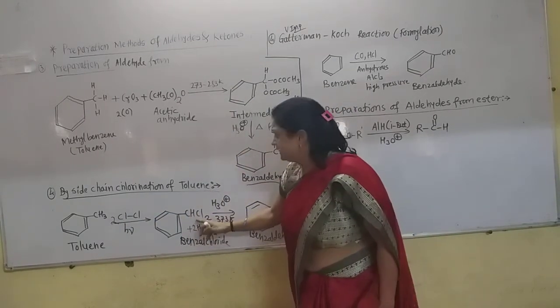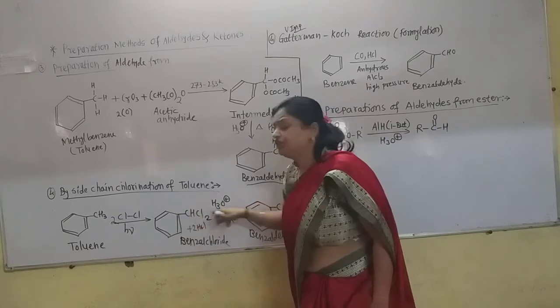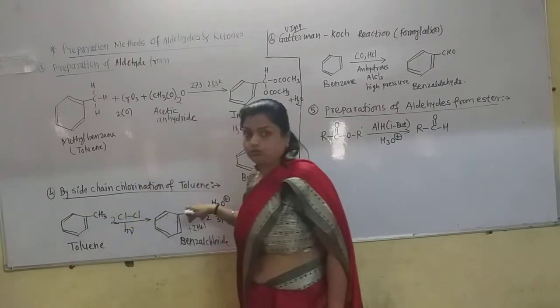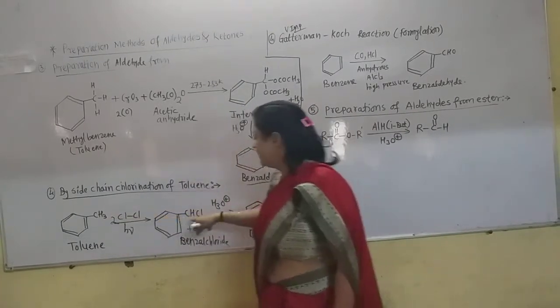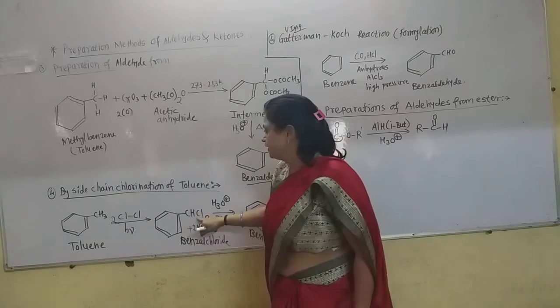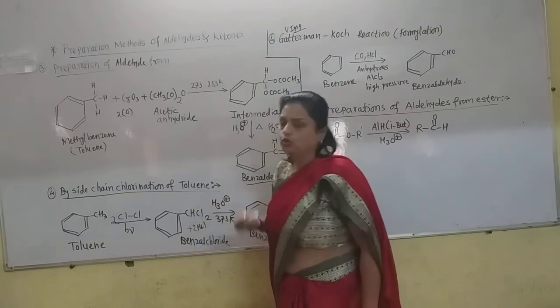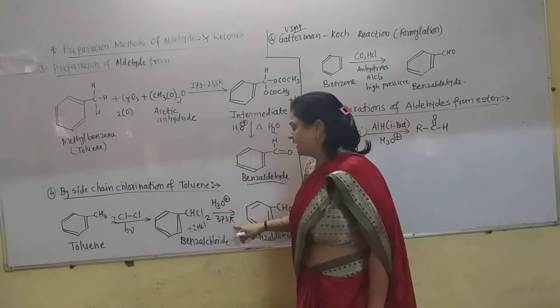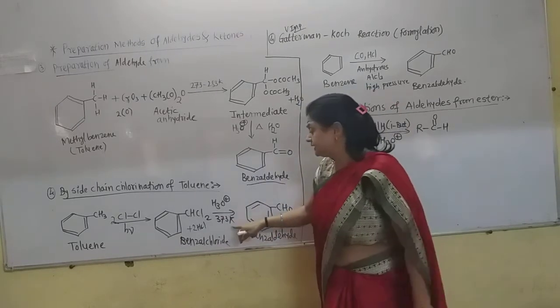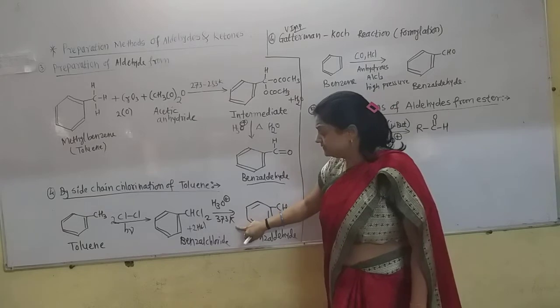Now remember, this is side chain chlorination. The methyl group is the side chain attached to the benzene, and it gets chlorinated because two hydrogen atoms are replaced by two chlorine atoms, at 100 degrees centigrade, a slightly higher temperature, 373 Kelvin.